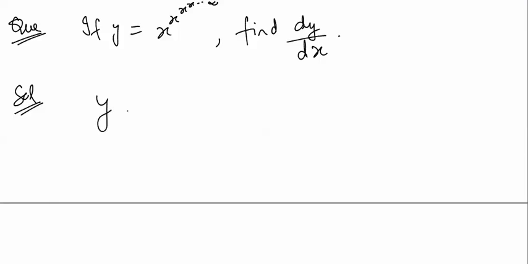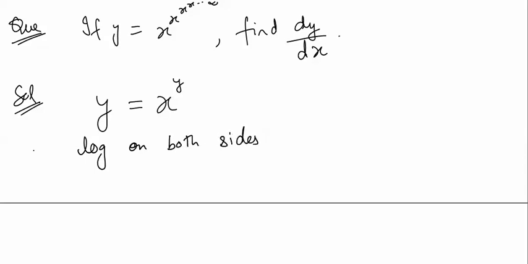If you keenly observe this, can I say this equation as y is equal to x to the power y? Isn't it? But what I want to do is, let us take log on both sides.